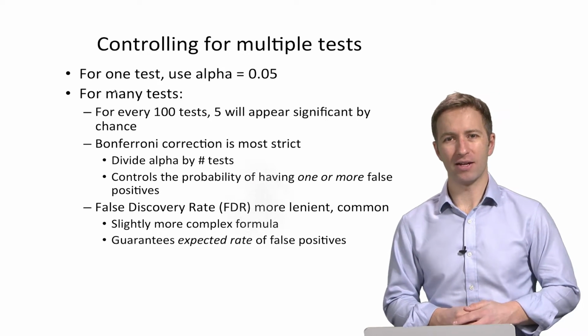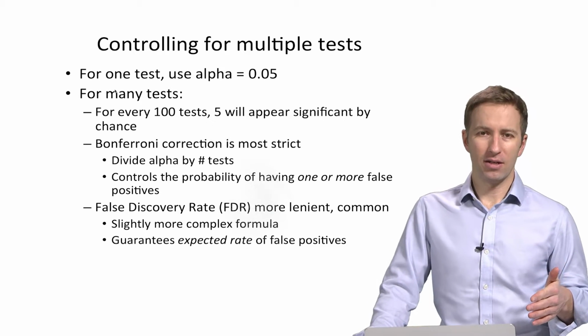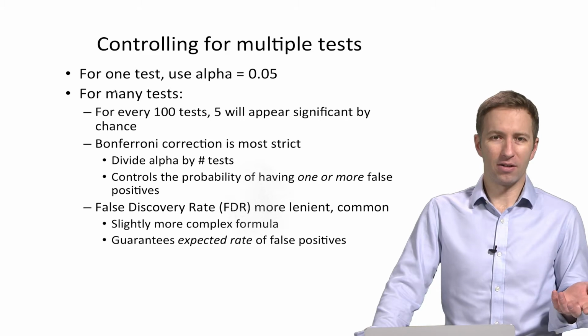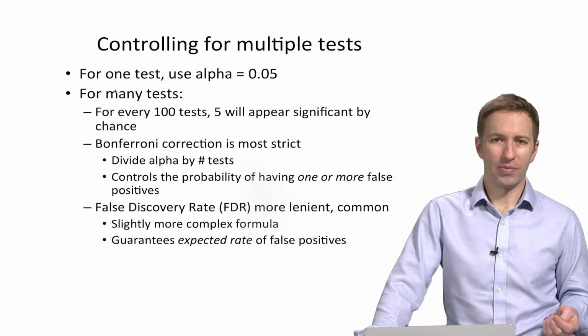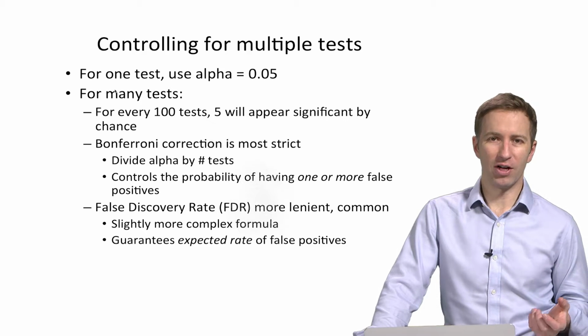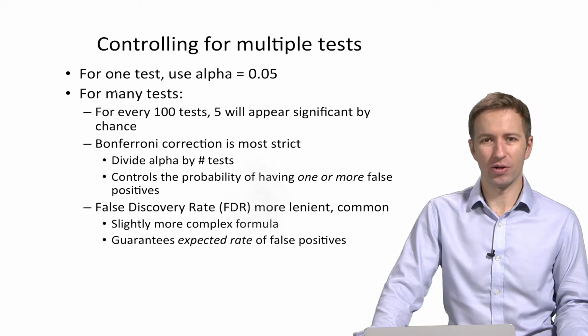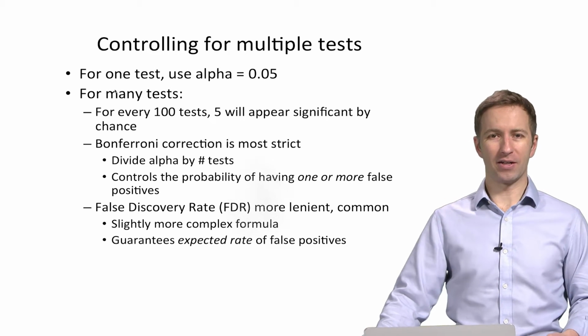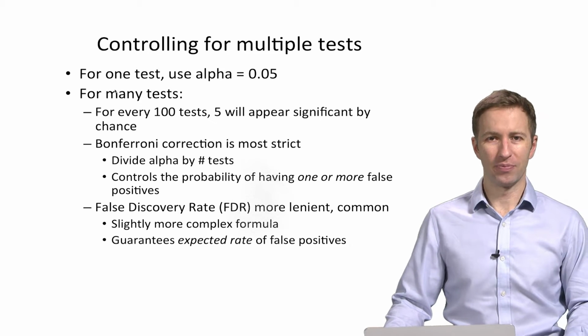Let's say there are 100 genera that you test. Some of them are going to come out looking significant just by chance. On average, if you have 100 tests, you should have 5 of them with a p-value of less than 0.05, because p-values are supposed to be uniformly distributed.